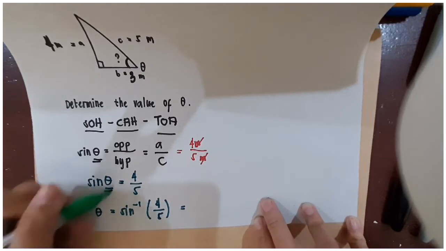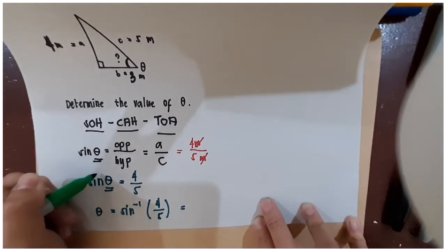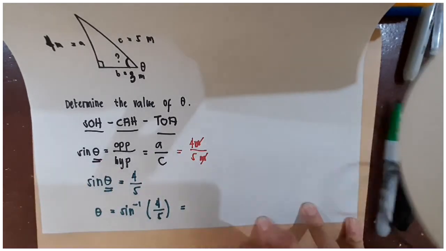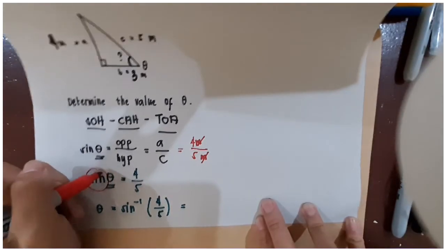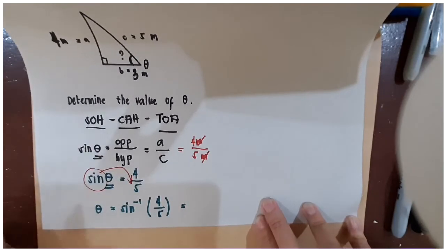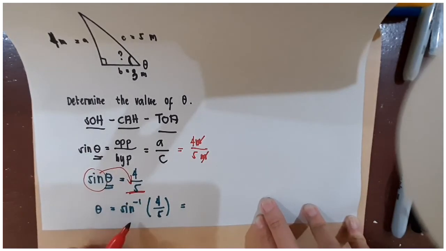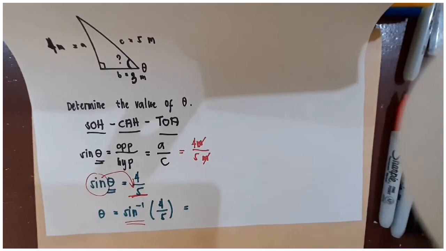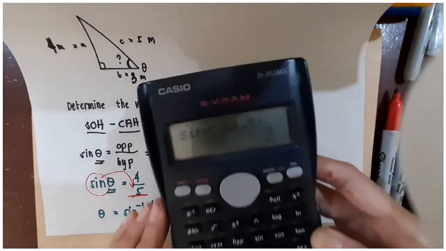Okay. Why is it inverse? Because we have to transpose your sine, this sine going to this side. Okay. So to move it to this side, we need to inverse it. Okay. So you try it in your calculator, you will get 4 over 5. This one. Okay. So this is how you write it.